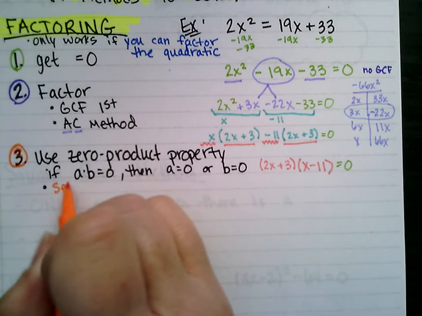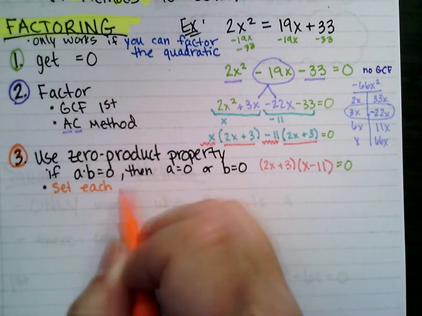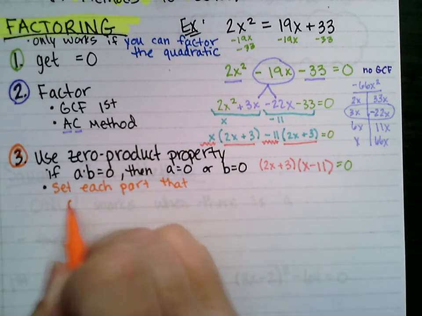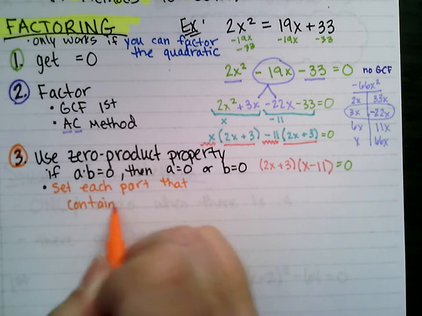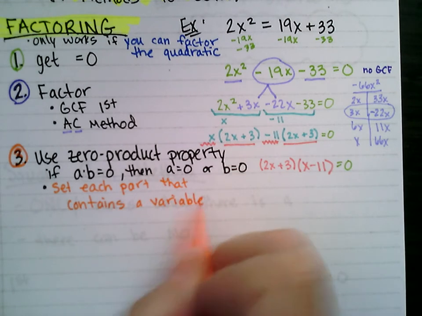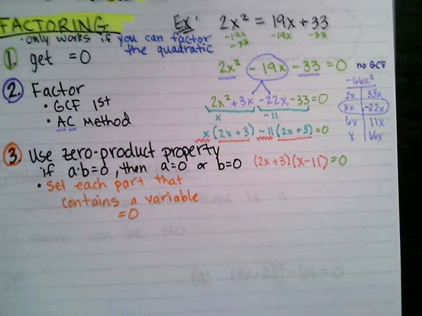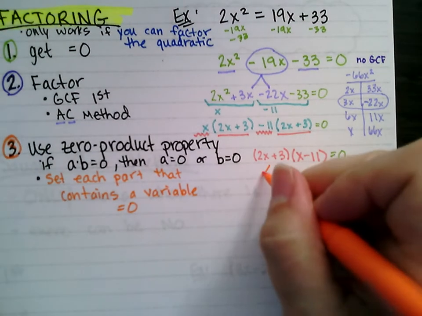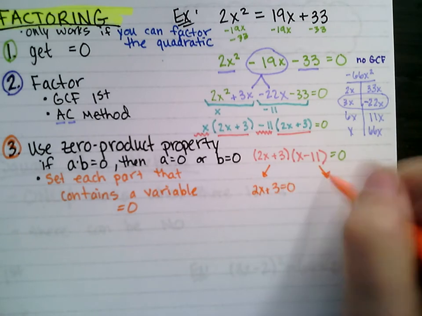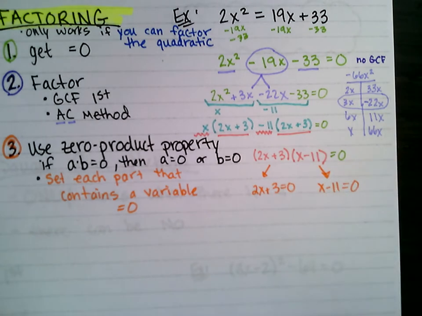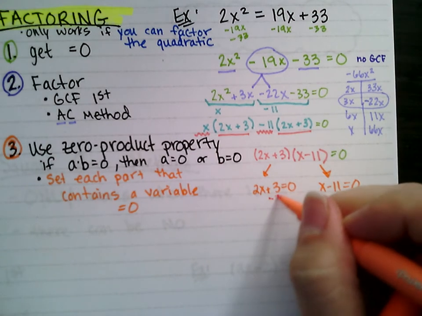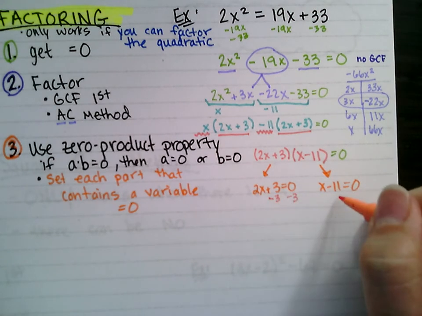So I'll set 2x plus 3 equals 0, x minus 11 equals 0, and then solve those like I normally would.